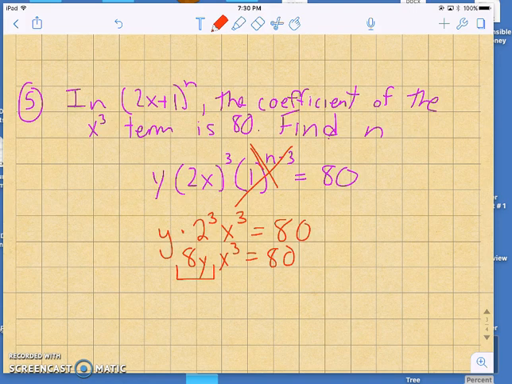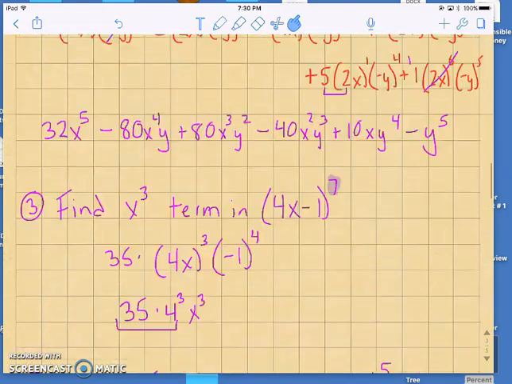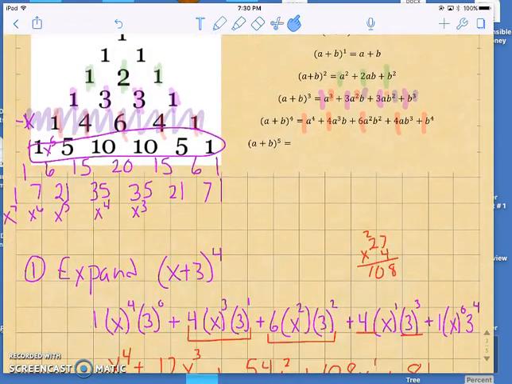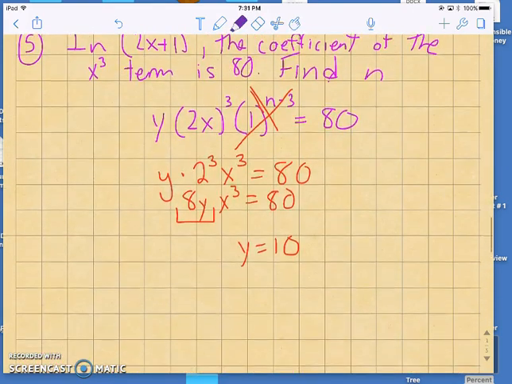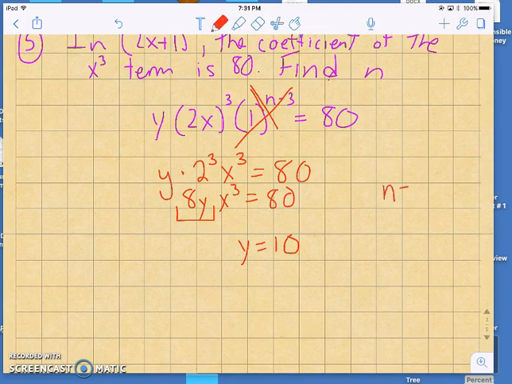So what would y need to be? y would need to be 10. So y is 10. So we know that number out in front is 10. So which triangle, which row has a 10 in it? Well, that's one with the fifth row. So that means our power, n, would have to be 5.